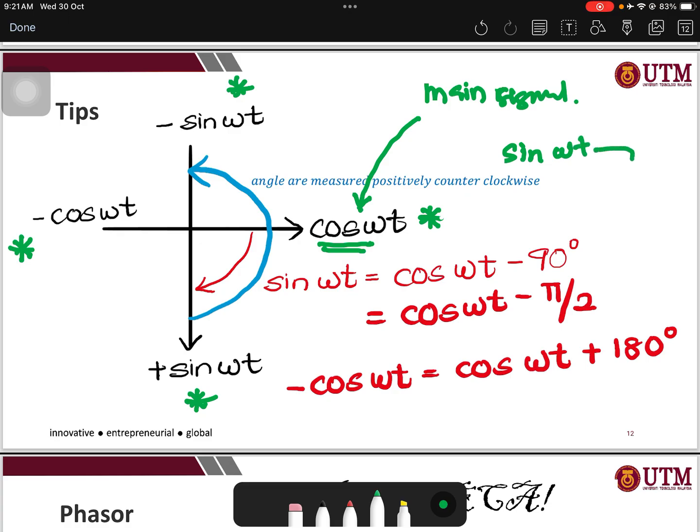You need to convert it to cos omega t. So how? From sine omega t to cos omega t, what is the formula?